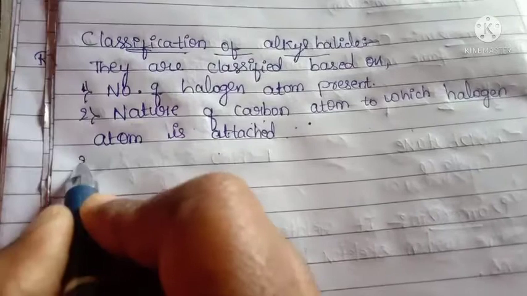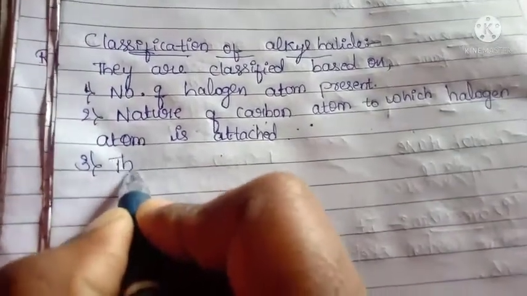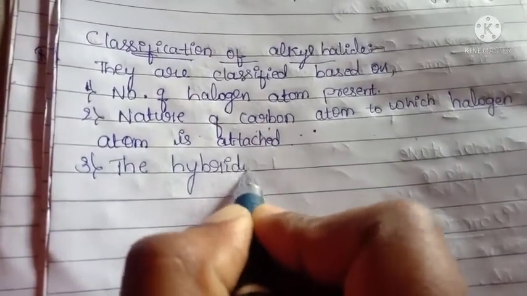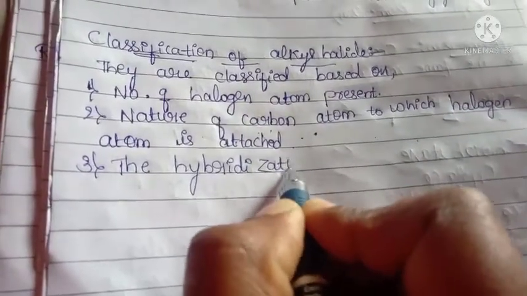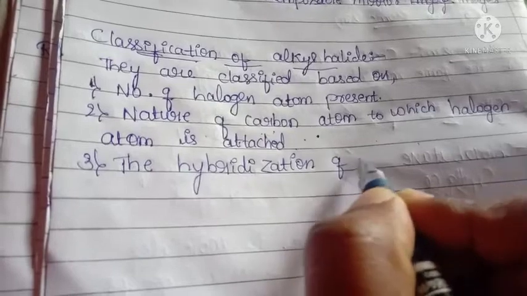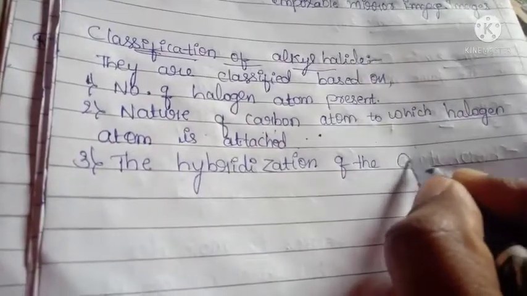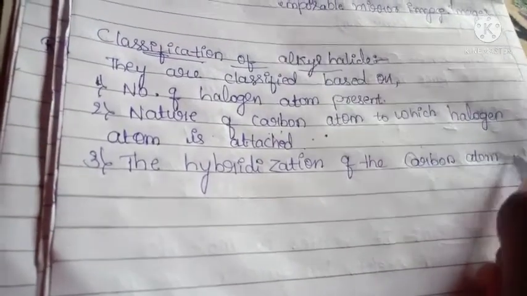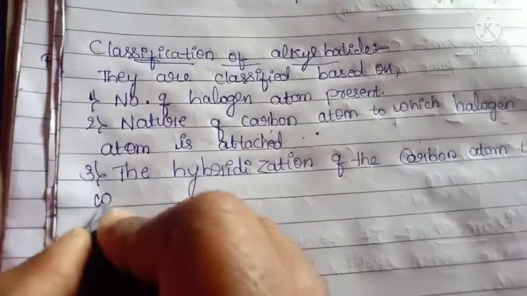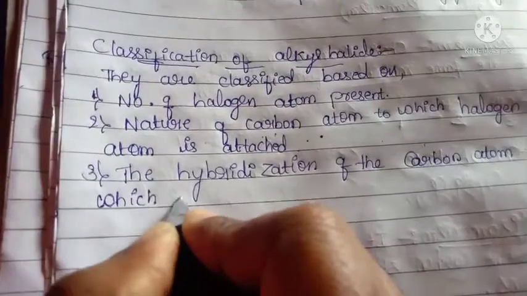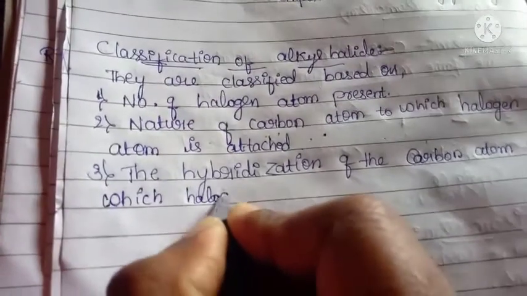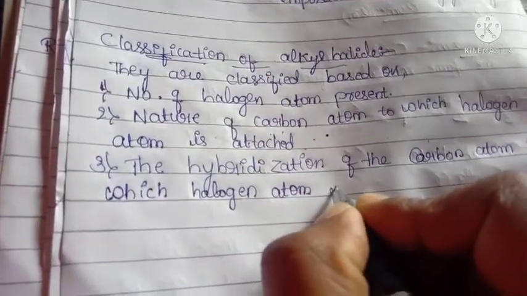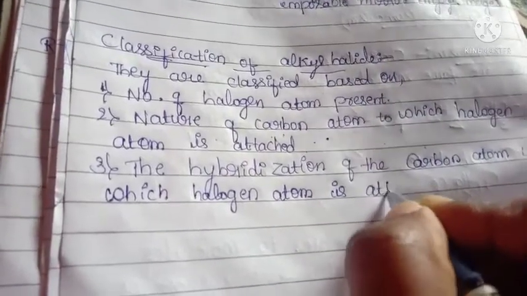Okay, last one is the hybridization of the carbon atom to which the halogen atom is attached.